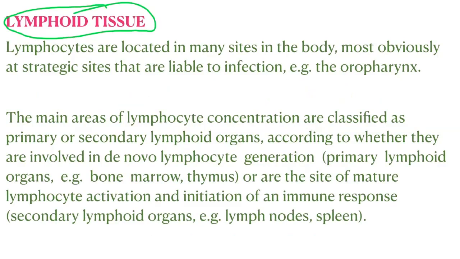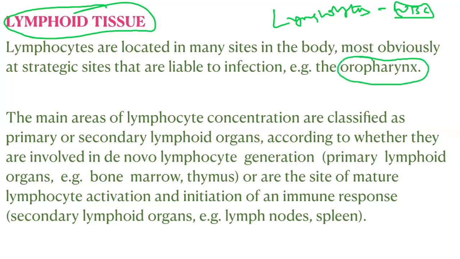Lymphocytes are located in many sites in the body. Lymphocytes are WBCs, right? Most obviously at strategic sites that are liable to infection, for example the oropharynx, because through the mouth we take in many things, right?